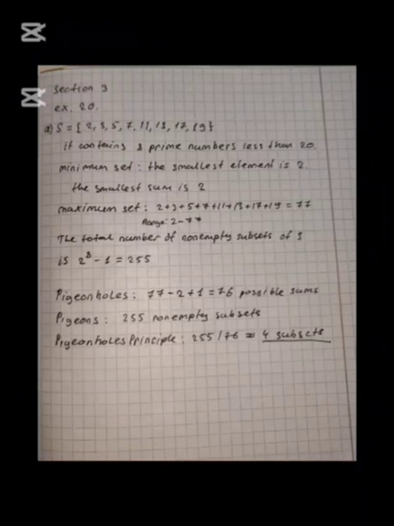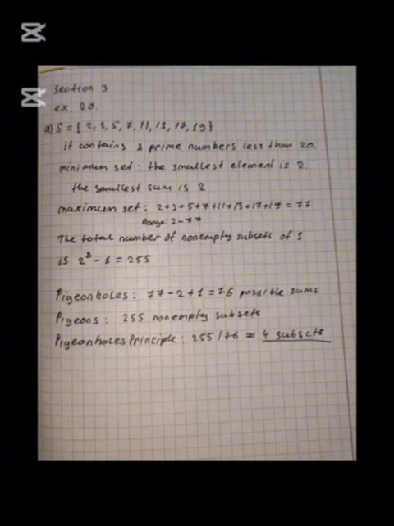Section 3, exercise 20. There is a set of 8 prime numbers less than 20. In part A, we have this set S of 8 prime numbers.